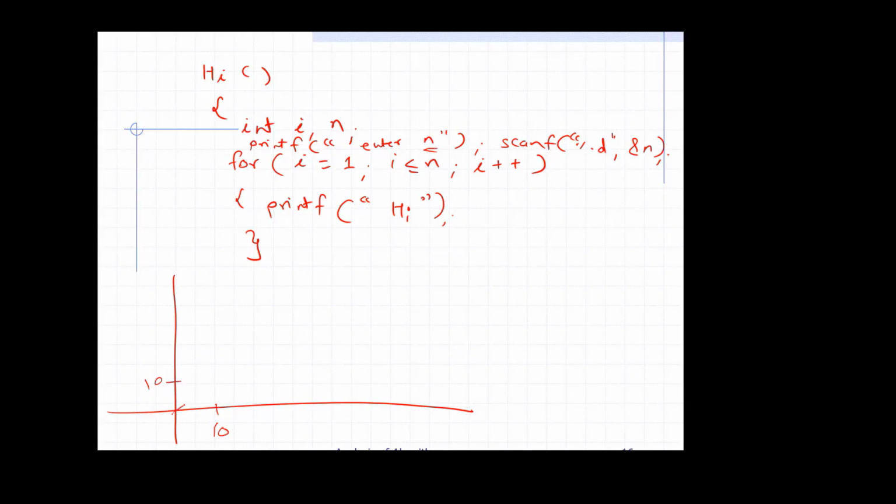So let's say it is taking 10 unit times. If n is 100, it is going to print it 100 times. So maybe let's say it takes 100 milliseconds and so on. So the time depends upon the value of n. And this kind of a function, we are going to say runs in the time complexity of O of n.